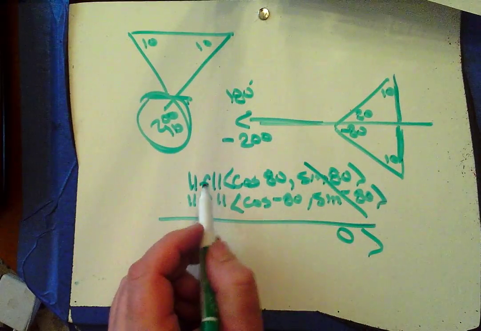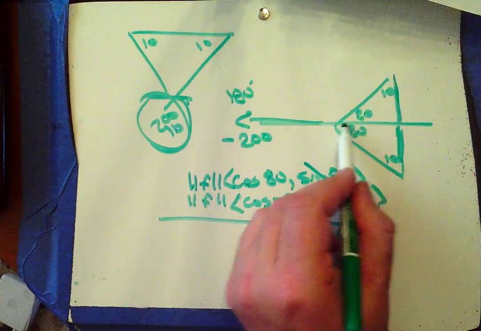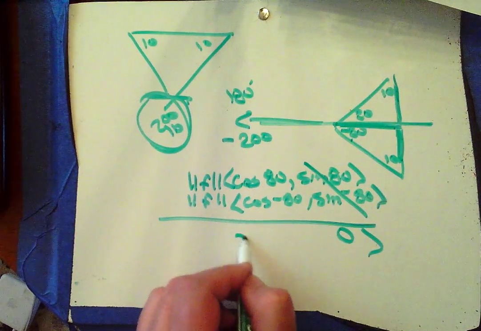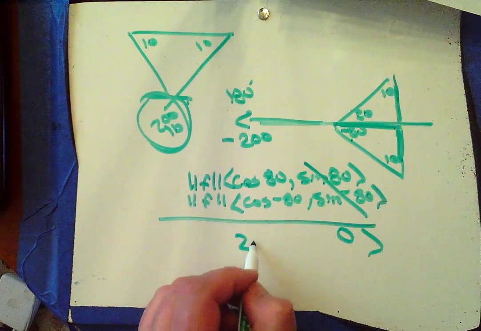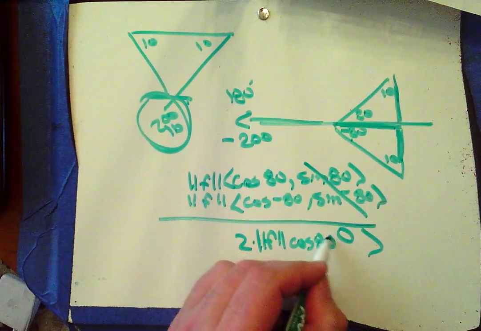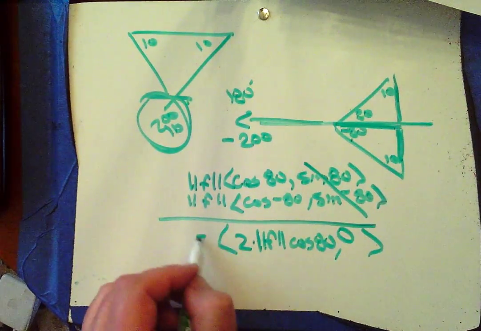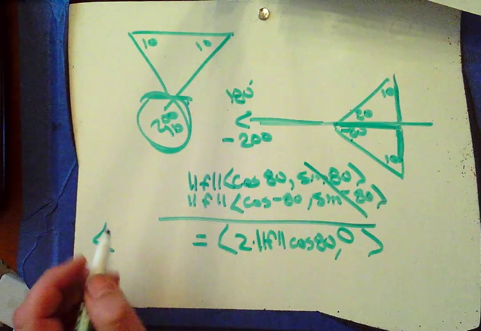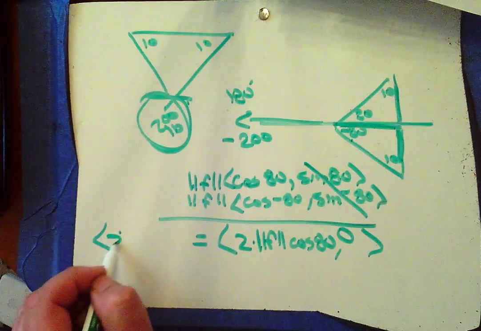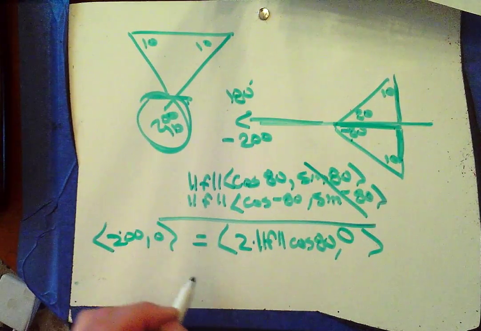And here, the cosine value for 80 and for negative 80 are the same. And so I end up with 2 times magnitude of F cosine 80. And that equals, remember, because we've done it twice now, our component form was 200, 0.